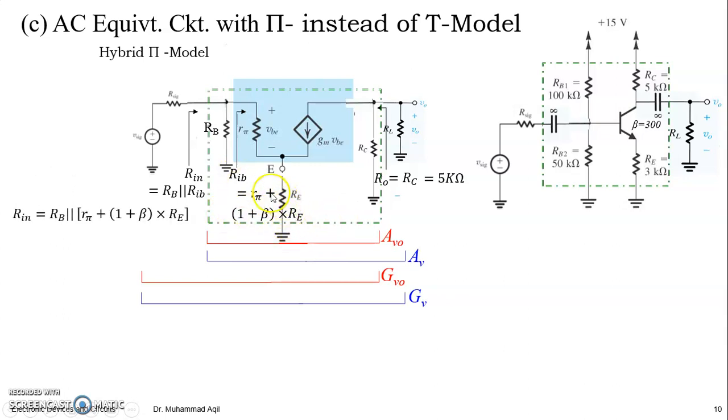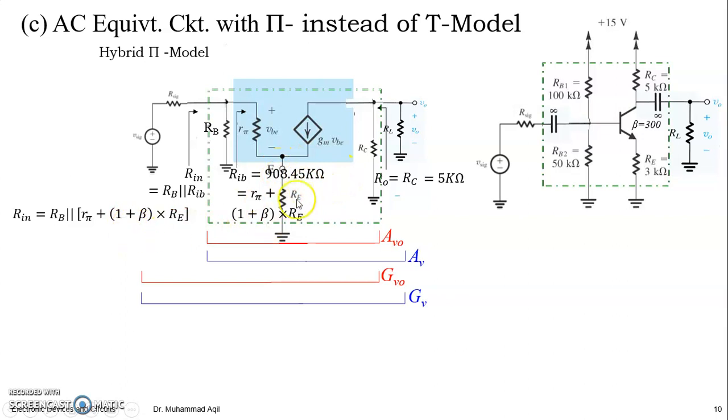And if this is your RIB, then R in will be the parallel combination of R capital B and R input at the base, right? So we have found this because this is 3K, this is 300, so 301 and 3k is 900 and something k, and when we add 4.45k, we found RIB is 908.45 kilo ohm.